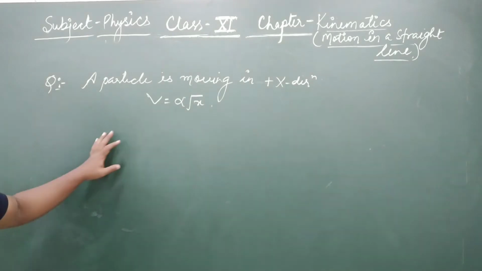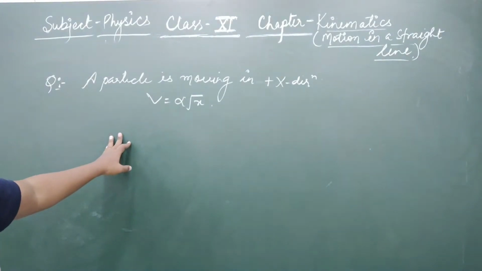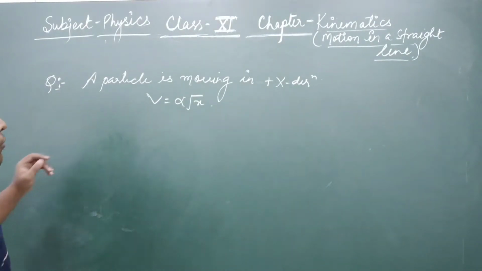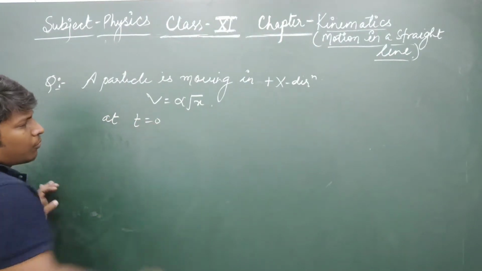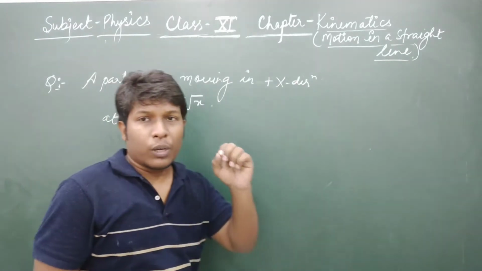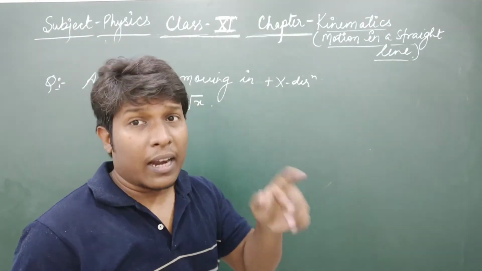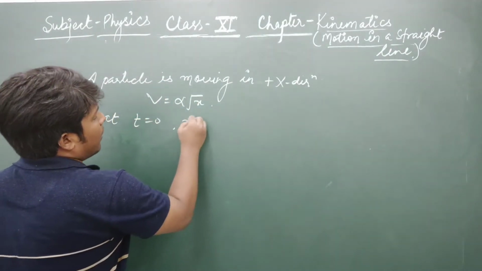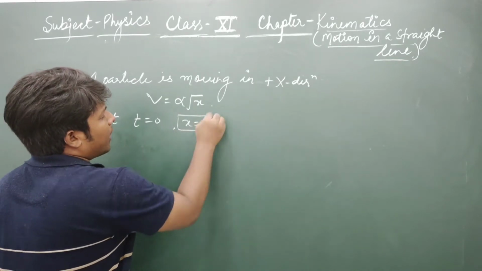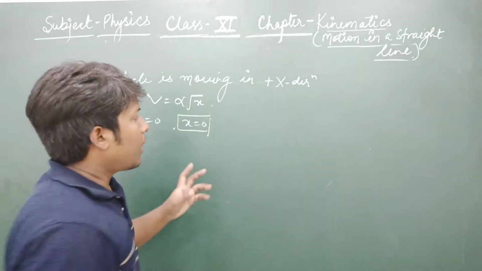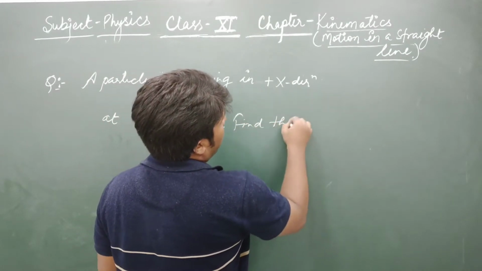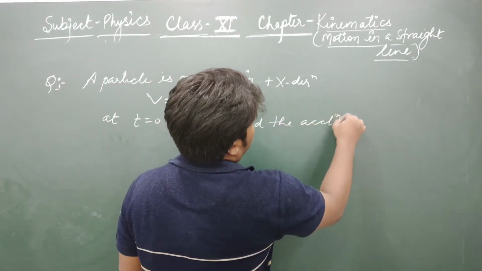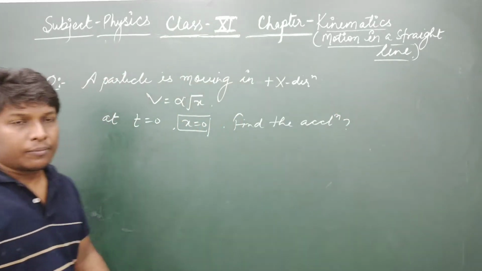Velocity is given to you. Now, assume that at the moment t is equal to 0, the particle's location is at x is equal to 0. At t is equal to 0, the particle is at x is equal to 0. You have to find the acceleration of the particle.